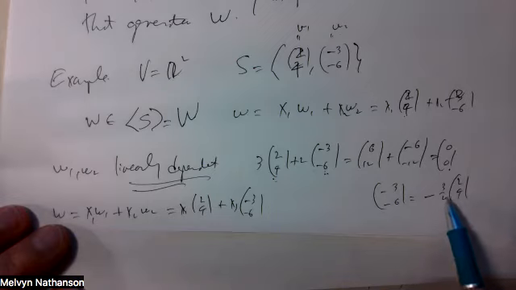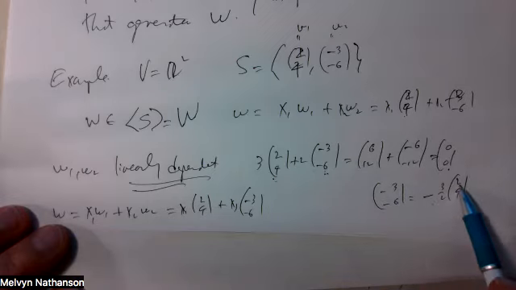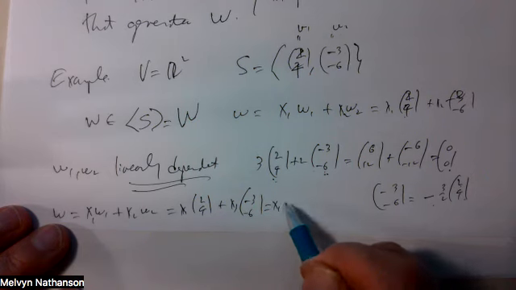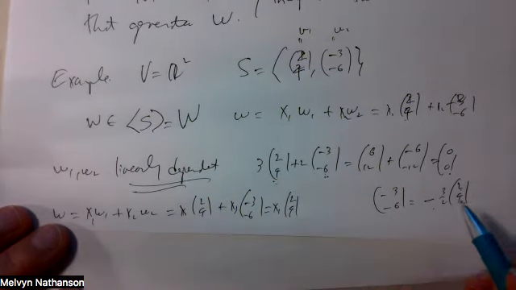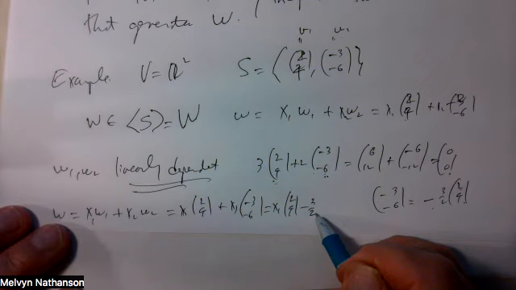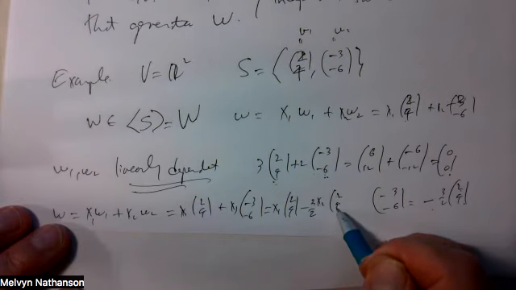If you do the arithmetic, -3/2 times 2 is -3, -3/2 times 4 is -6. So this is x1 times 2, 4, plus -3/2 x2 times 2, 4.